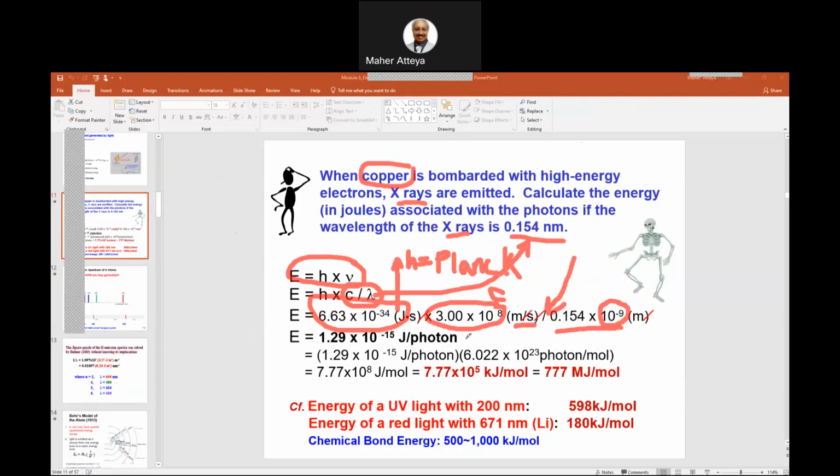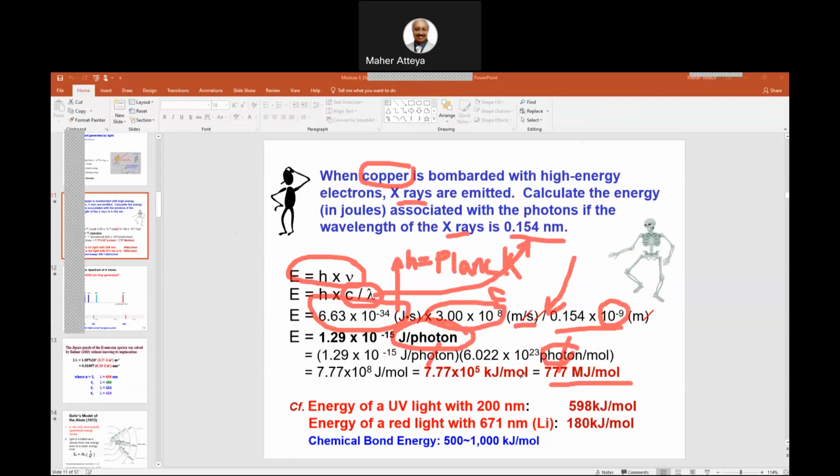Then you get joules per photon. Photons are particles, so multiply by Avogadro's number, photon particles per mole. The photons cancel, and it will be megajoules per mole.